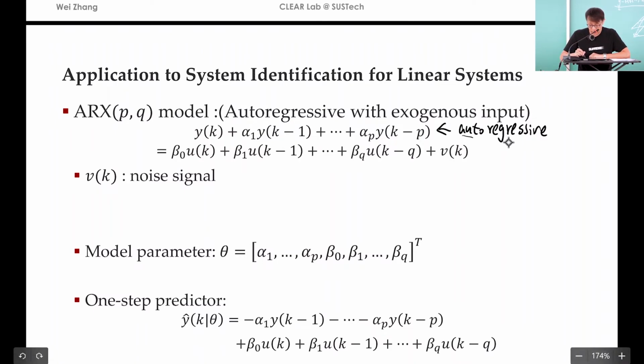What does that mean by autoregressive? It depends on itself. Regressive is past. Auto means depend on itself.